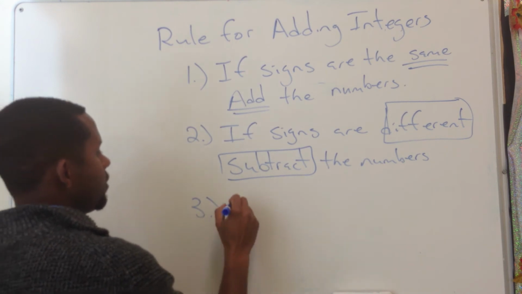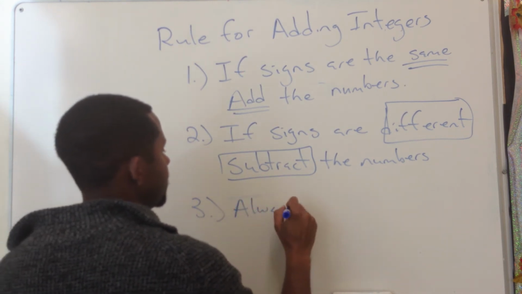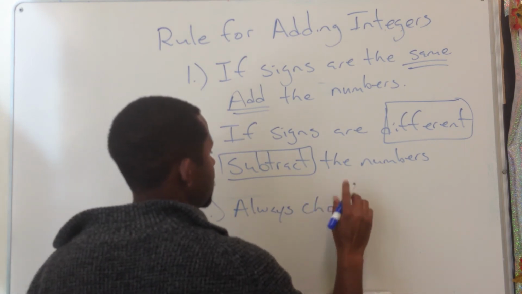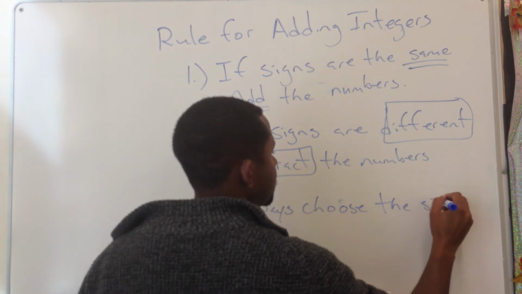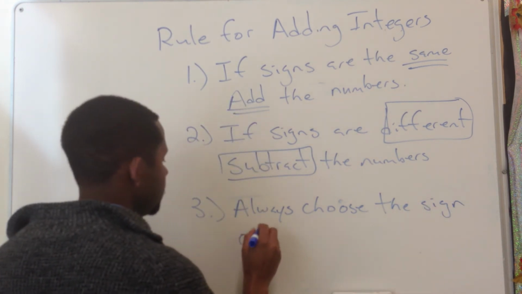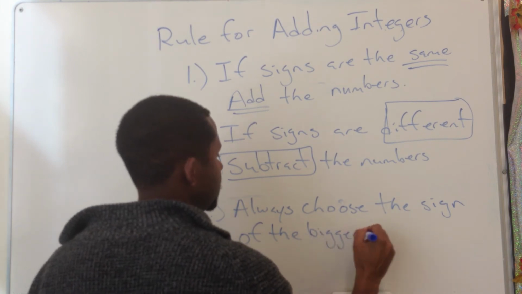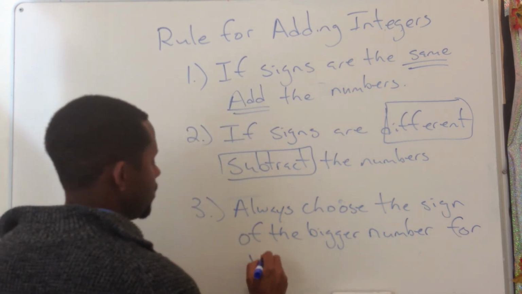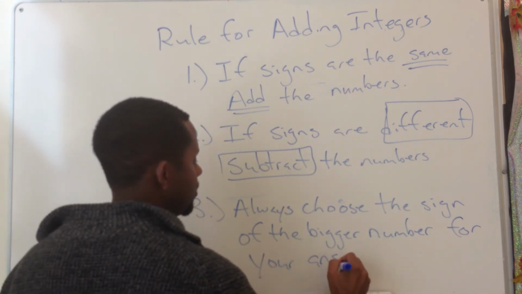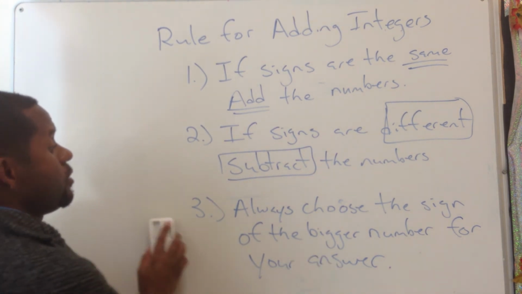And finally, always choose the sign of the bigger number for your answer. Okay? So make sure you get that down. You can pause it.